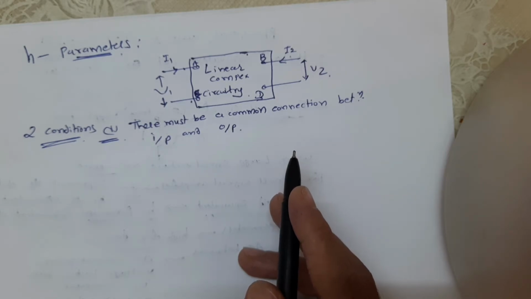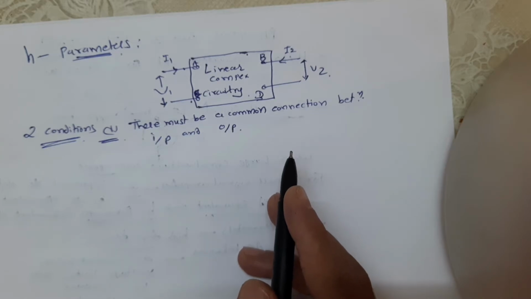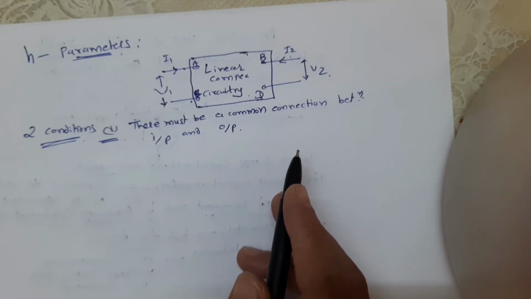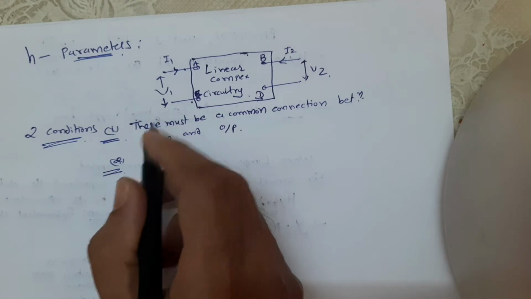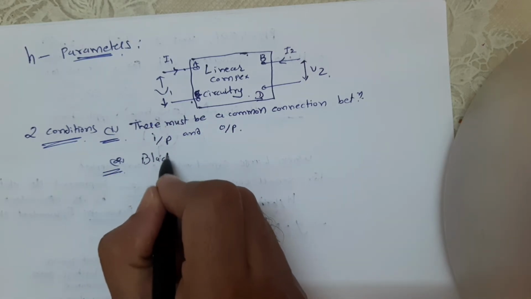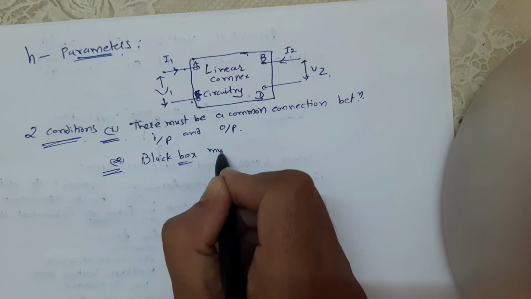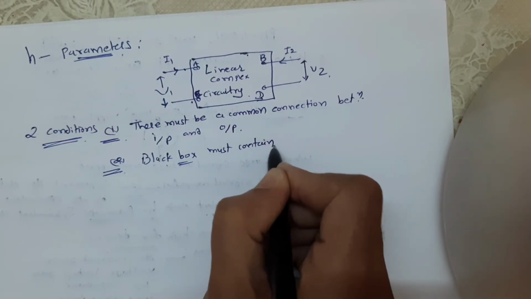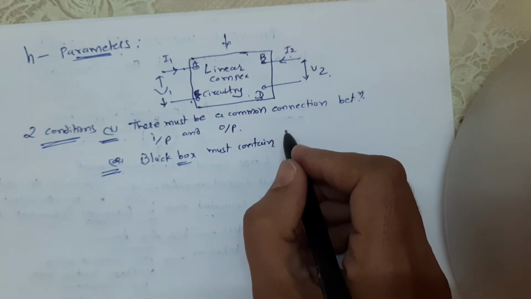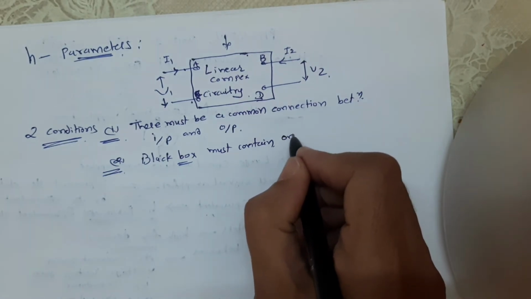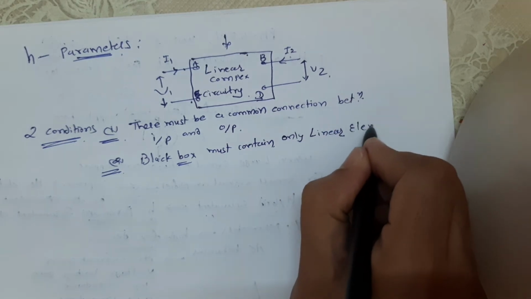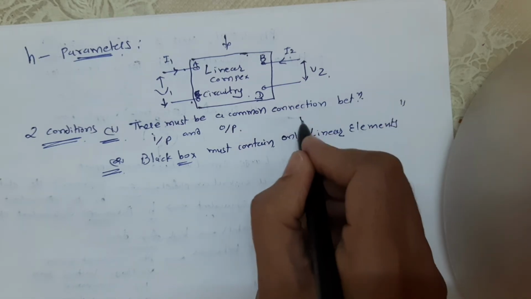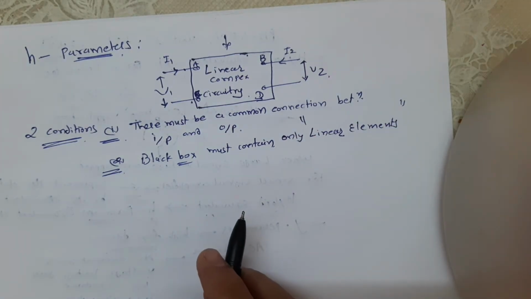Whenever we are using the equivalent circuit, these two conditions must be followed. The second one is that the black box must contain only linear elements.